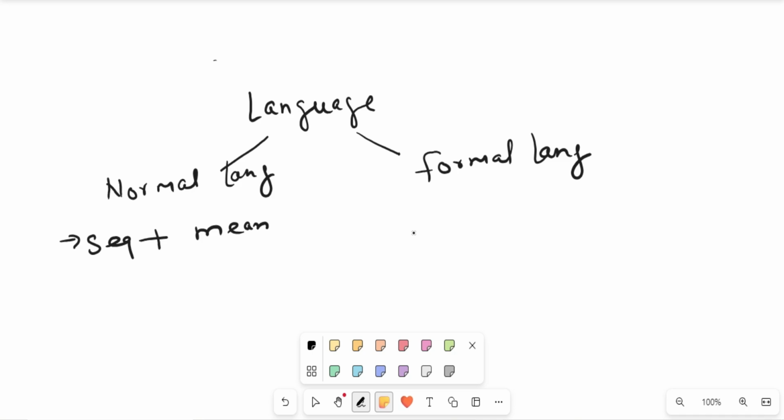The formal language tells us only the sequence of symbols. According to this, formal language is the superset of normal language. In the theory of computation we generally study the formal language.